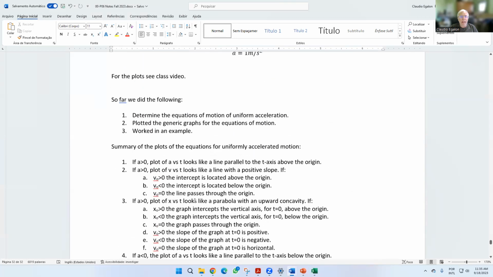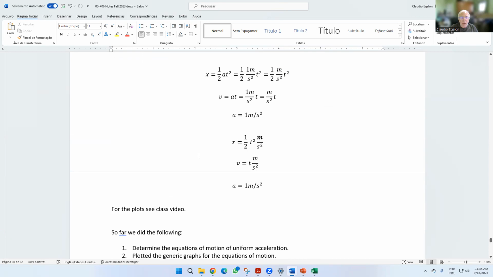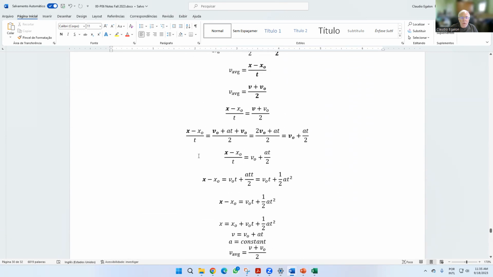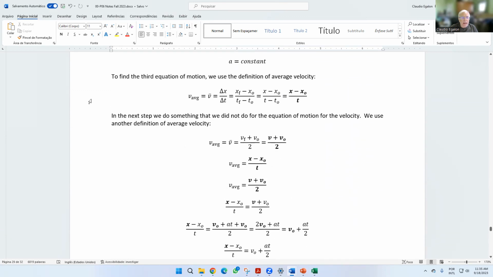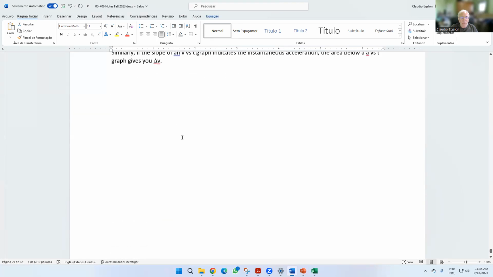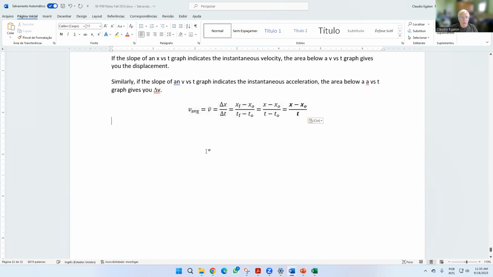And it all comes from the definition that we saw before. I'm going to get that definition here for you. Remember the definition of average velocity and average acceleration. Average velocity is delta x over delta t, and then we can write that delta x is equal to average velocity times delta t.